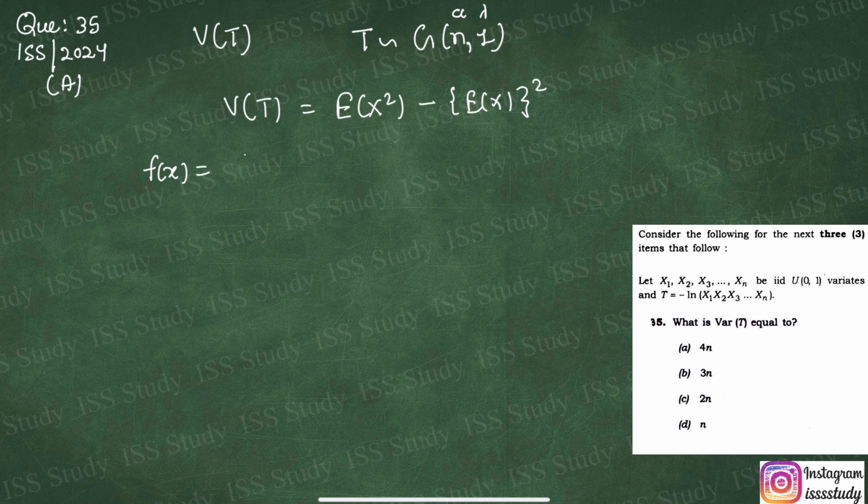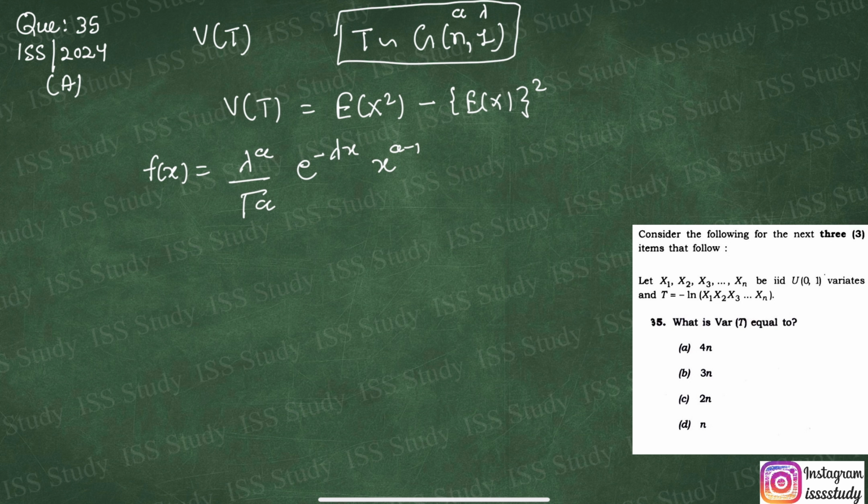We write lambda to the power alpha upon gamma alpha e to the power minus lambda x and x to the power alpha minus 1. Here I have taken the random variable x, but in the question we are denoting it with t, so later you can replace this t with this x.